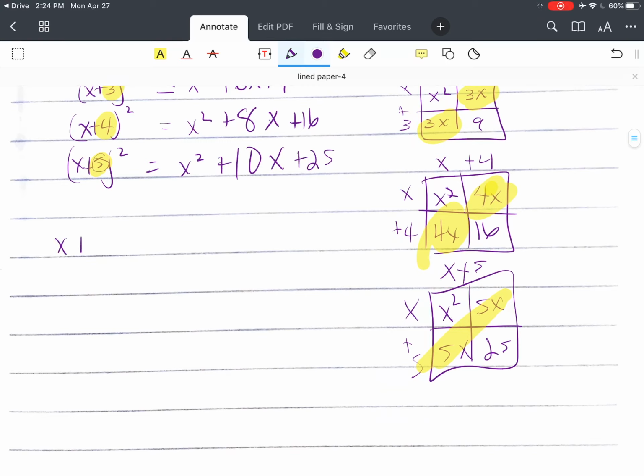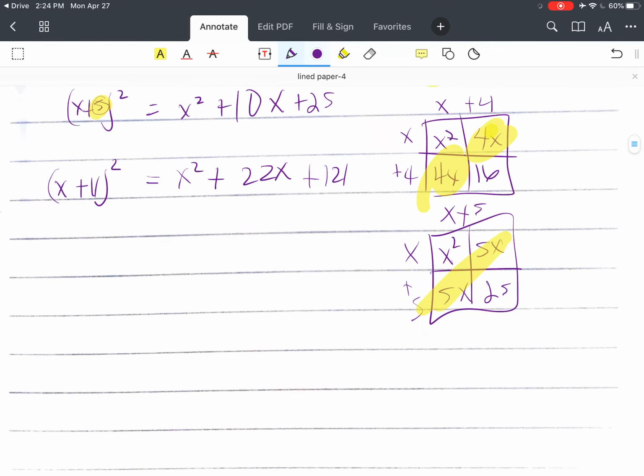You essentially double it. So then let's do something really random: (x plus 11) squared. It's going to be x squared, and 11 times 11 is 121. But what's 11 plus 11? 22x.